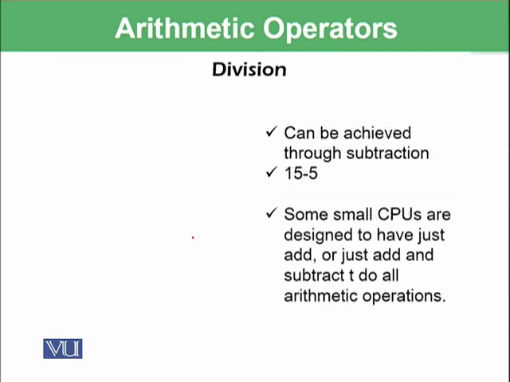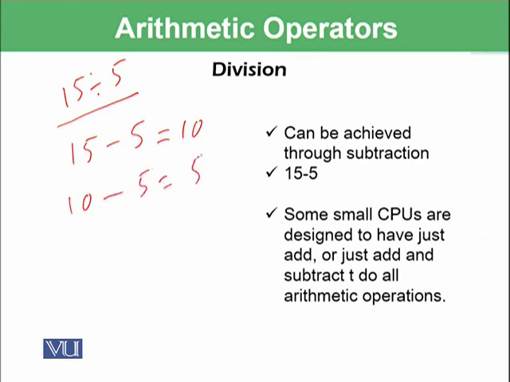And then the division can be achieved through subtraction. For example, we want to divide 15 by 5. What we will be doing is subtract 5 from 15, which gives 10. Then 10 minus 5 would be 5. Then 5 minus 5 would be 0.